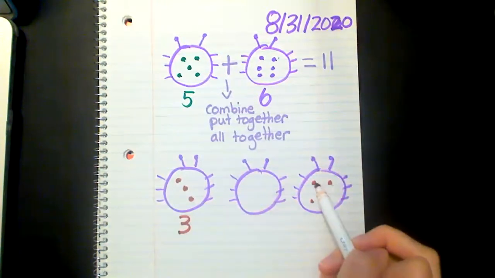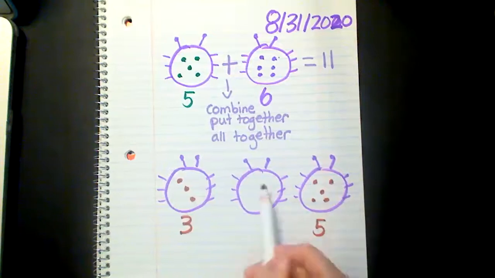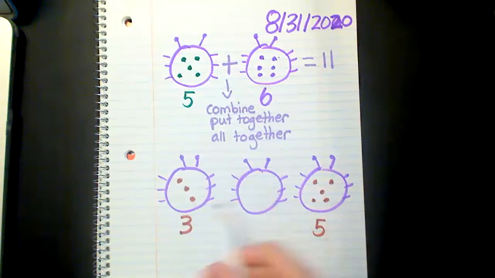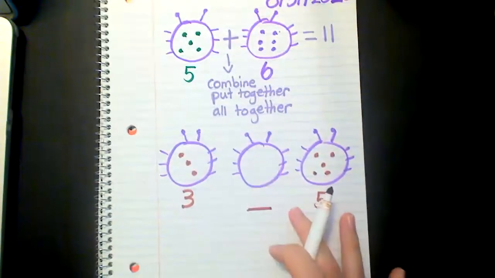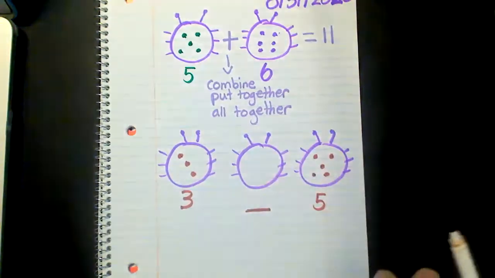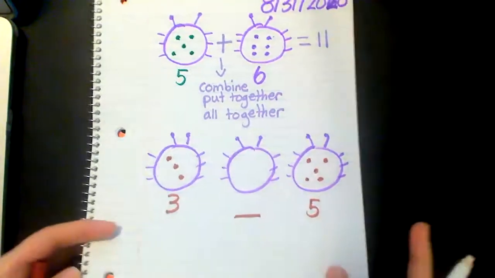And then we look here. 1, 2, 3, 4, 5. There's 5 dots here. So there's a missing number that would go in here as we're counting forward. So 3, something, 5. So what number would go here? When you're doing it with your child, please have your child fill in the blank for this bug.